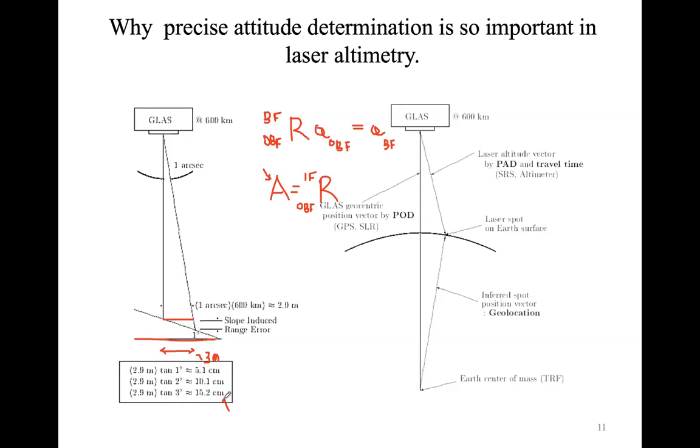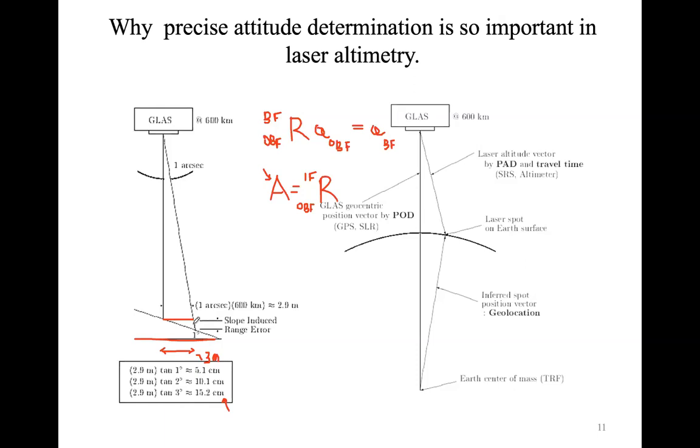You have to take into account that usually the laser altimeter measurement can approach an accuracy of about 10 or 30 centimeters. So what it means is that if you have an error in the attitude of a few arc seconds, you are introducing an error in the vertical distance that is larger than the error of the instrument.